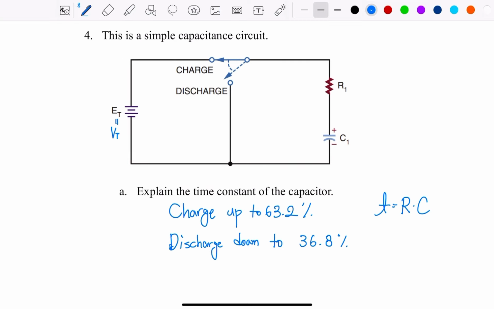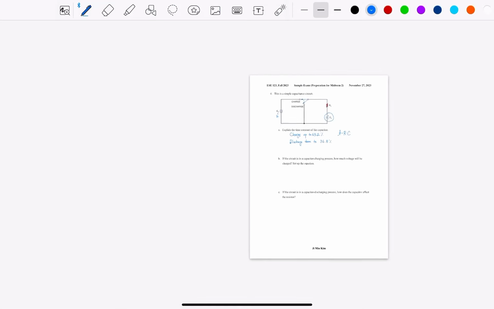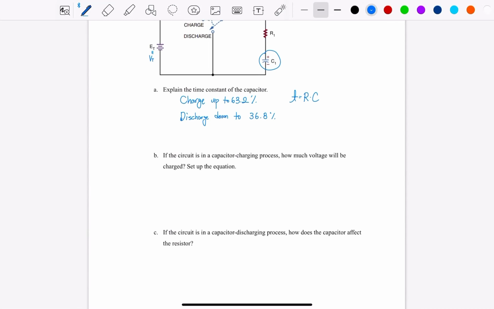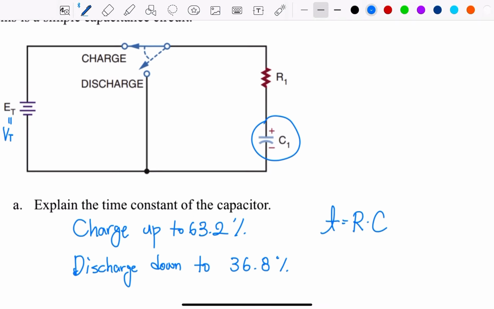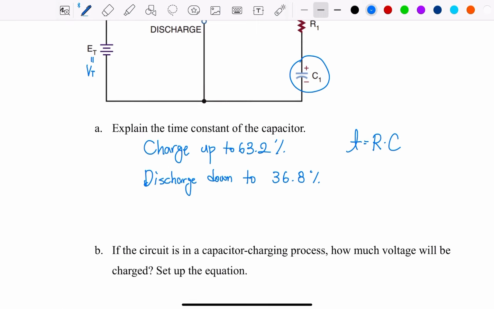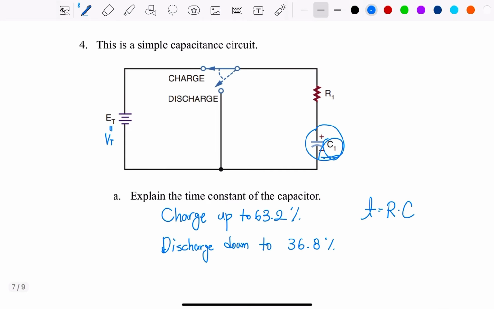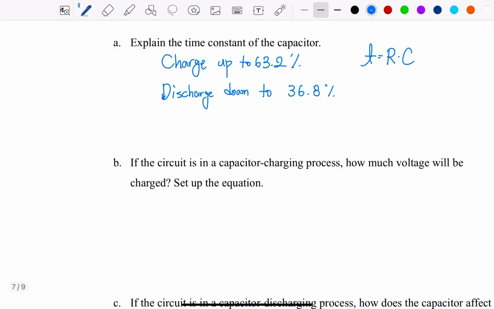So the total voltage is Vt, and the capacitor's charged voltage is the same as calculating the voltage drop. If you want to calculate the voltage drop of C1, what should you do? Due to Kirchhoff's voltage law, you write an equation like this: total minus the voltage drop of R1.